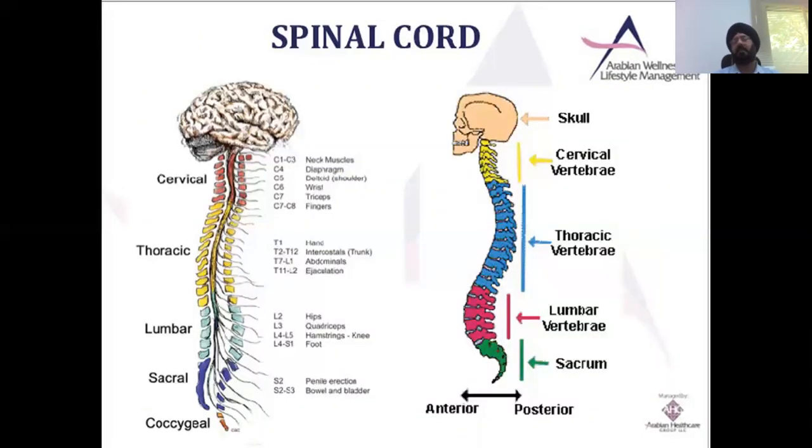Then comes the spinal cord, which is connected to the brain. The spinal cord is a long, thin, tubular bundle of nerve tissue and supported cells that extends from the medulla oblongata to the lumbar region. What is the medulla oblongata? It's the root of the brainstem. Brain and spinal cord together form the central nervous system.